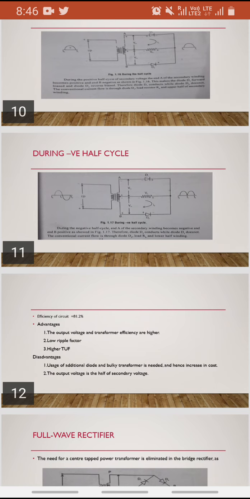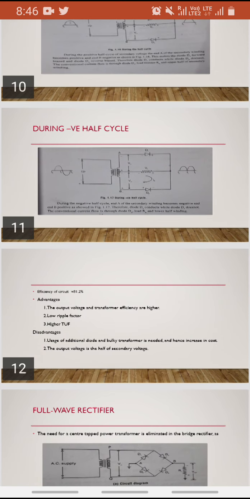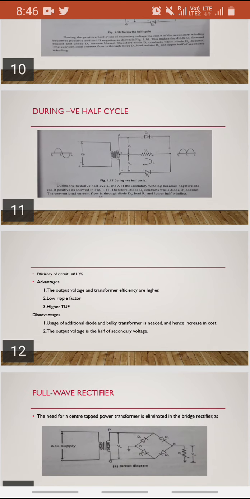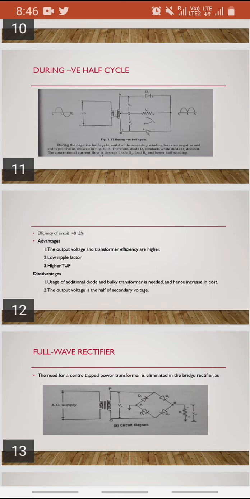Diode D2 conducts while D1 does not. The conventional current flows through D2, load RL and the lower half winding. And the efficiency of the circuit is 81.2%. And there are also advantages and disadvantages of this device.